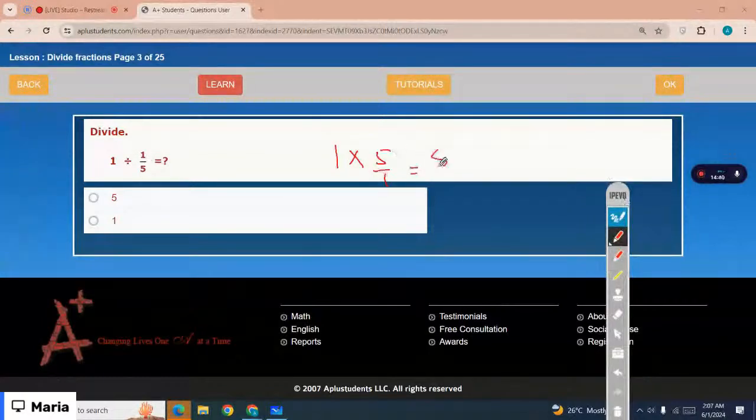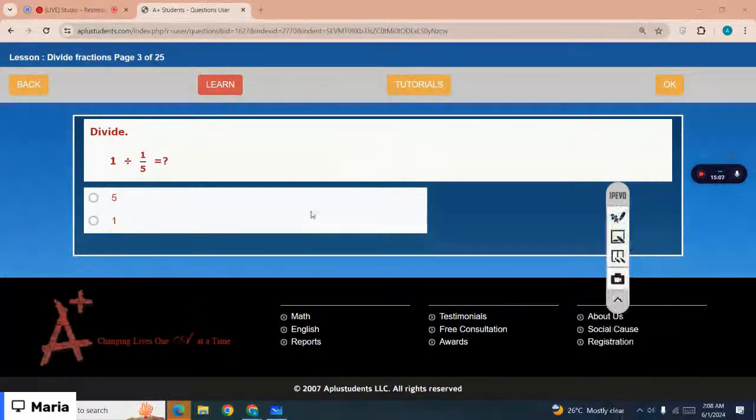So 1 times 5. So the correct option is 5. Option number 1 is the correct option.